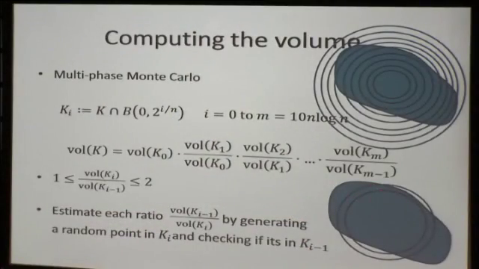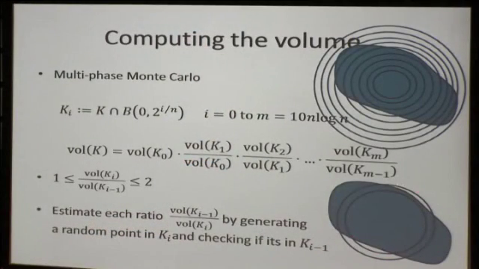If you look at two of these balls here, then we are looking at the ratio between the intersection of this inner ball with the body and the intersection of the outer ball with the body. And they are not very far from each other. So the ratio of the volumes is not too much. The problem that we had in the previous slide, that the volumes differed a lot, does not occur here between any two consecutive bodies.